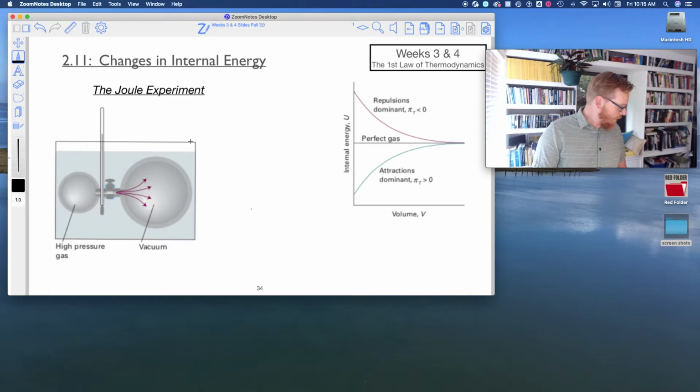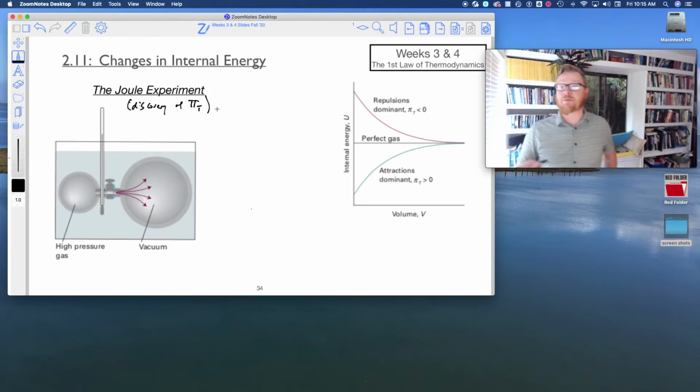So we introduced the Joule experiment, which I will say is the discovery of, oh, that doesn't look like pi_T. It looks like a hashtag. So this is the discovery of this pi_T parameter.